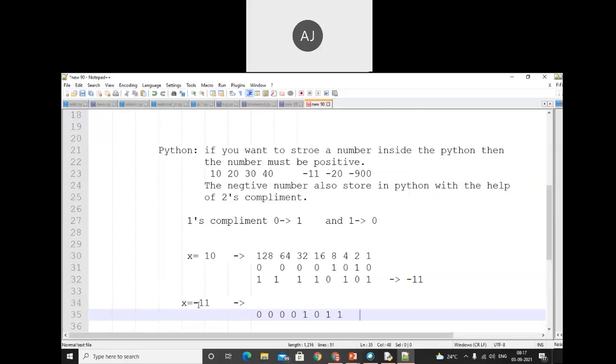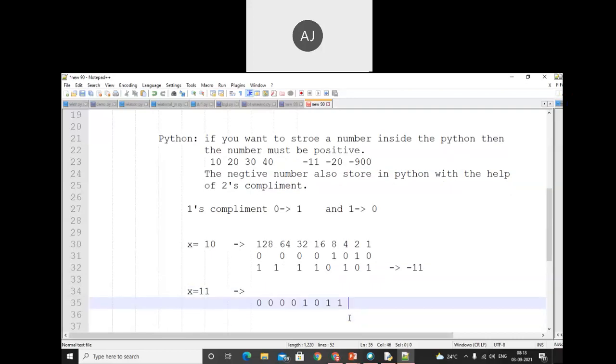Let's calculate the binary of only 11. Yes, because here I'm using 8 plus 2 is 10, 10 plus 1 is 11. So only 3 bits are used: 8, 2 and 1, and the rest of all bits are 0.